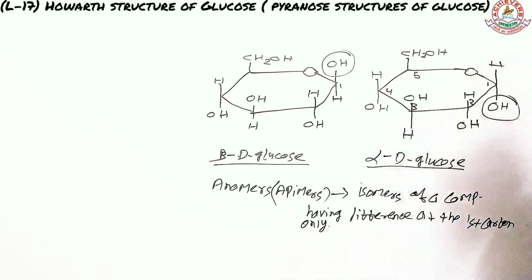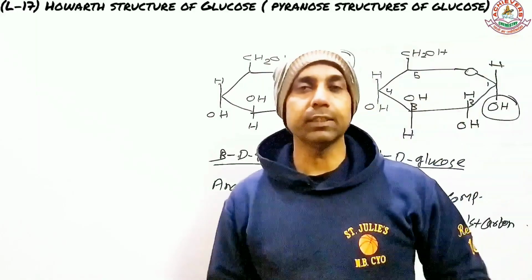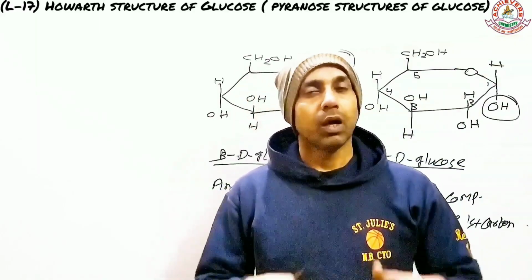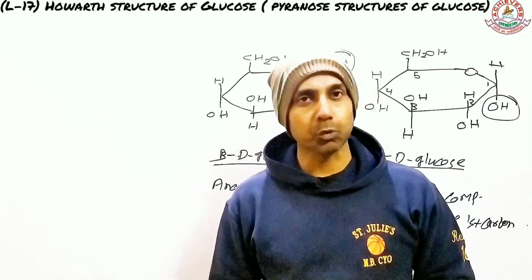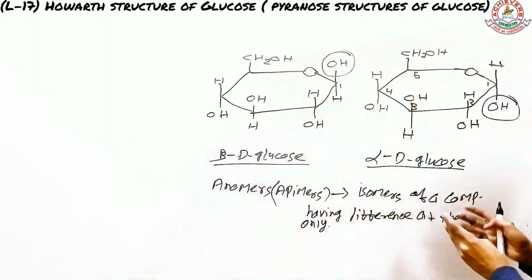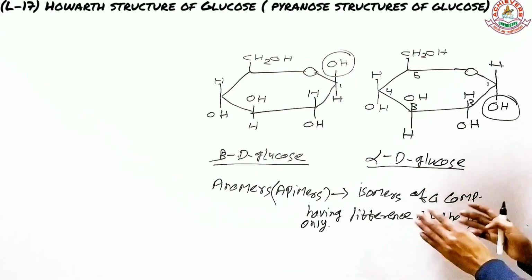So any two such molecules where the configuration of the first carbon is different are called anomers, or they are also called epimers. So these are the two glucose forms, and these are also called anomers here.